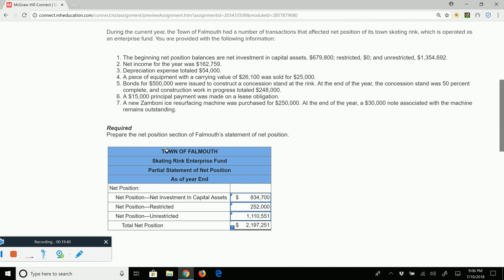All right, there's a lot there, number 5. Number 6, a $15,000 principal payment was made on the lease. So remember, in this case it's a capital lease, and a payment was made on the lease. What does that mean? Think about it. That means that the liability has decreased.